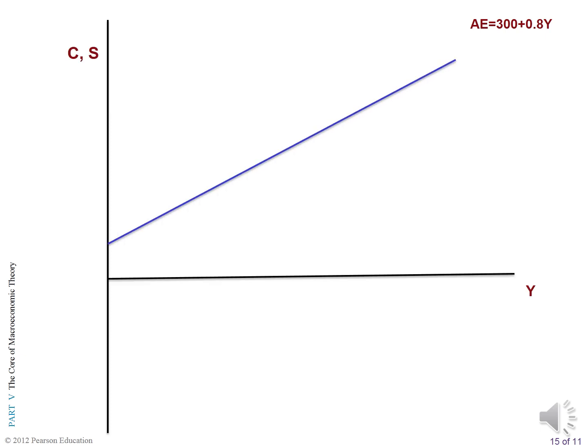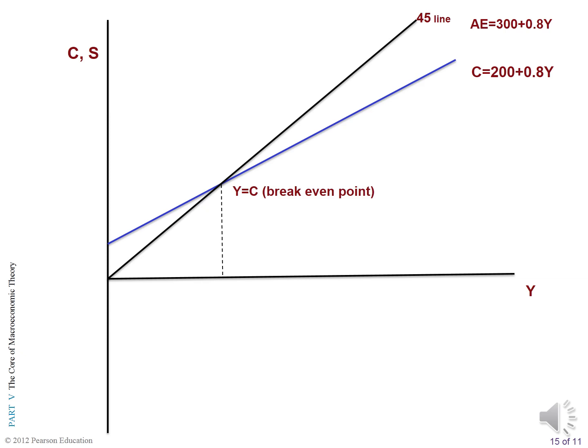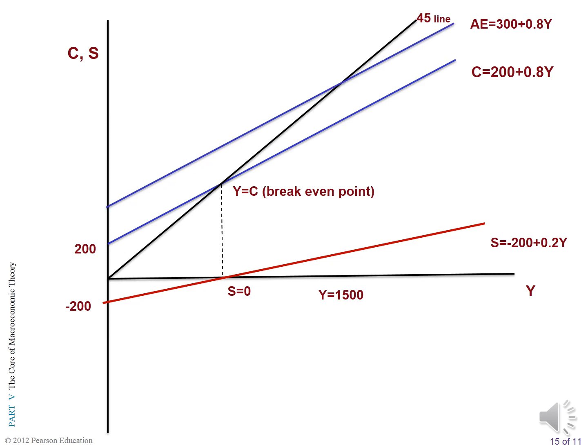Now if I draw them, this is the consumption function. See, this is the 45-degree line, or income line. Okay, this is the break-even point. Saving function. Okay, this is the aggregate expenditure function.